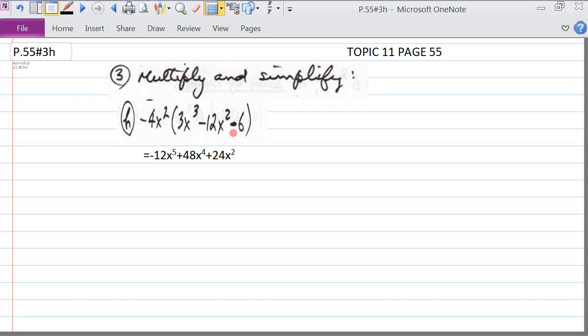And we just multiply x squared here, and nothing else, no x term there, so we're left with 24x squared. So we have minus 12x to the 5th, 48x to the 4th, plus 24x squared.